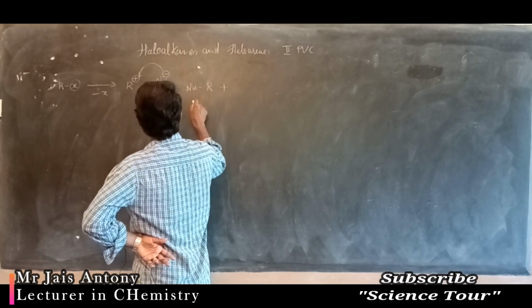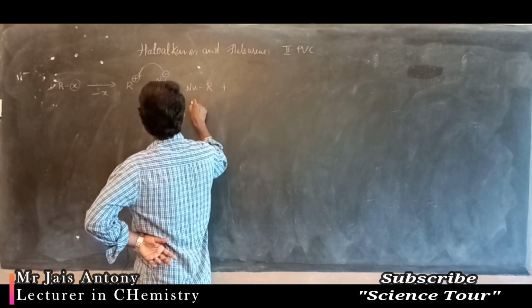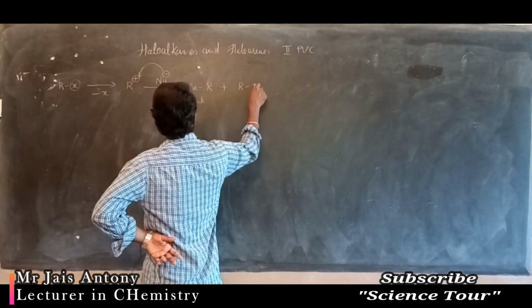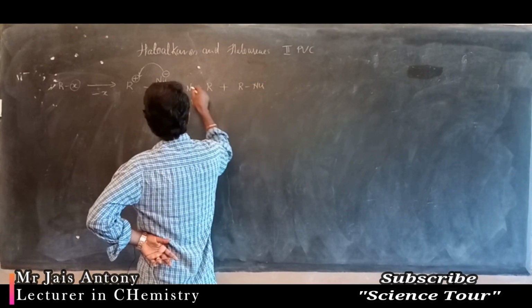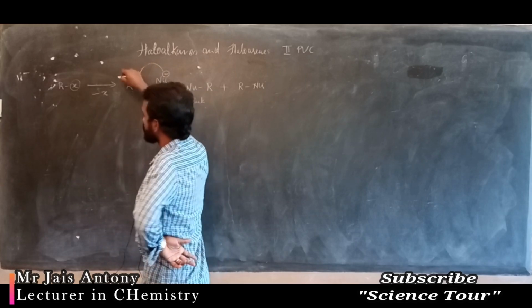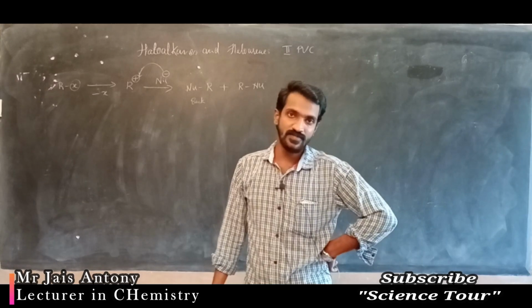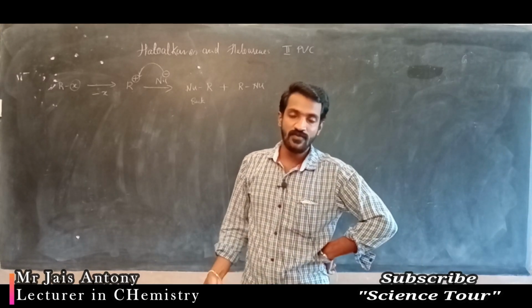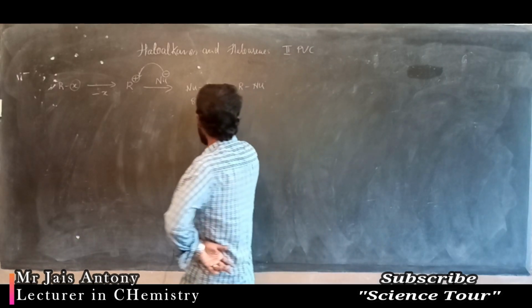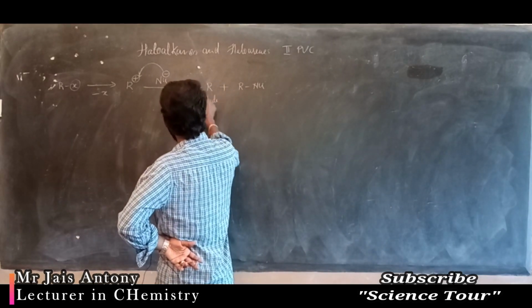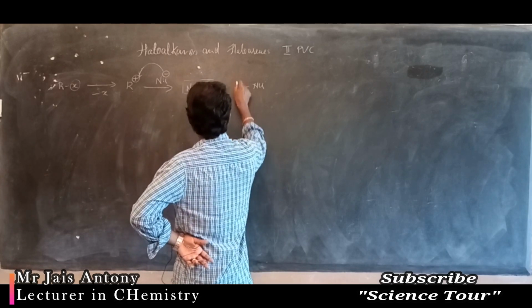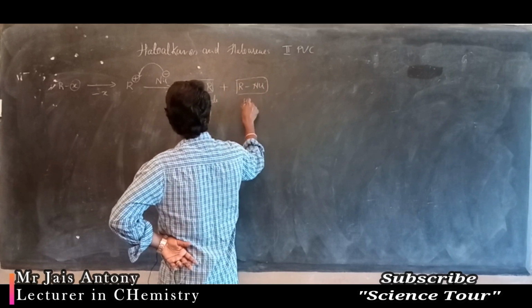This is the back attack. Another product like this is also possible. The nucleophile can attack from the front side, and it can also attack from the back side. The carbocation can be attacked from the back or the front. If it is attacked from the back side, you get this product, nucleophile-substituted R. And if it is from the front side, you get this one.